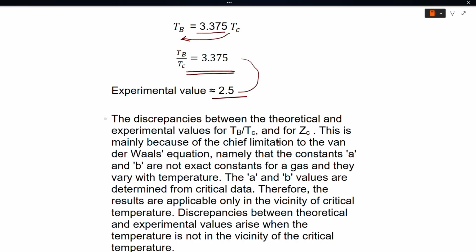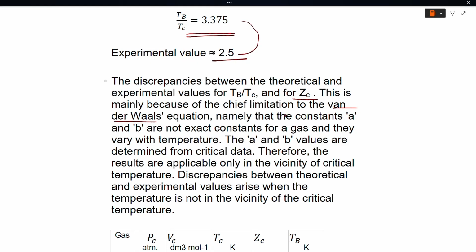This discrepancy between theoretical and experimental values also appears if you calculate the critical compressibility factor ZC; there is a deviation from the theoretical value. This is because we assume in the van der Waals equation that the constants a and b are constants, but actually they are temperature dependent factors.